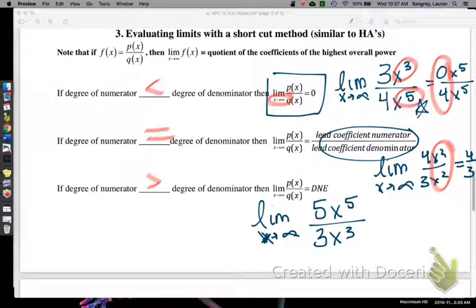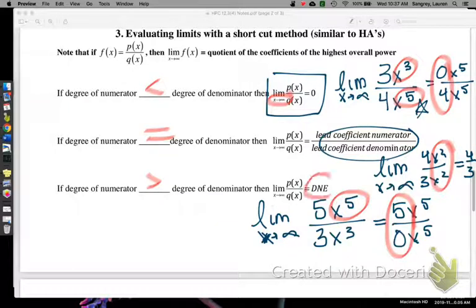So the highest degree that we have is this x to the fifth, and it's in the numerator. So think of it this way. Your highest degree is x to the fifth. We have 5x to the fifth in the top. We have 0x to the fifth in the bottom. Here's a number over 0 situation with your coefficients.